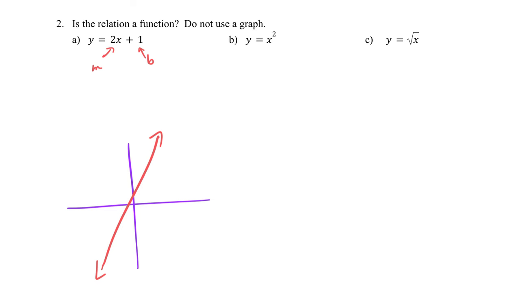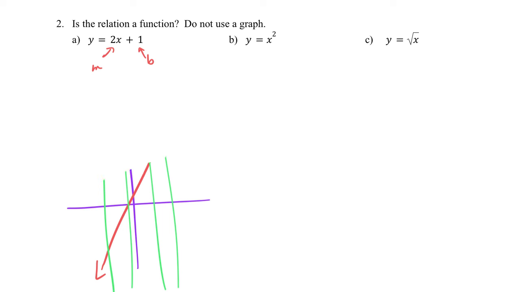Okay, I want you to take a look at that line. What does the vertical line test look like? Well, I hope you can see that if I was to put a vertical line down anywhere on that picture, I will never hit that red line twice, ever. So yes, it is a function.